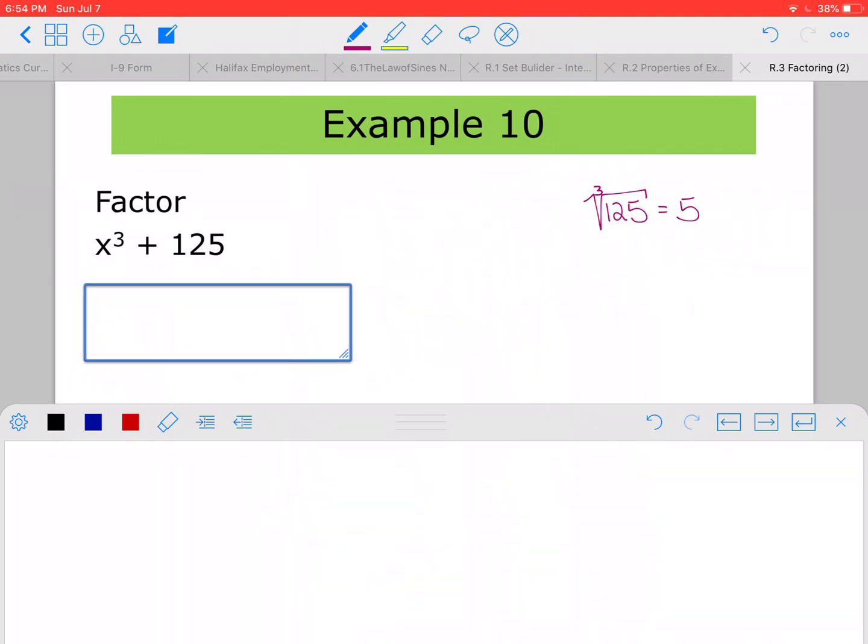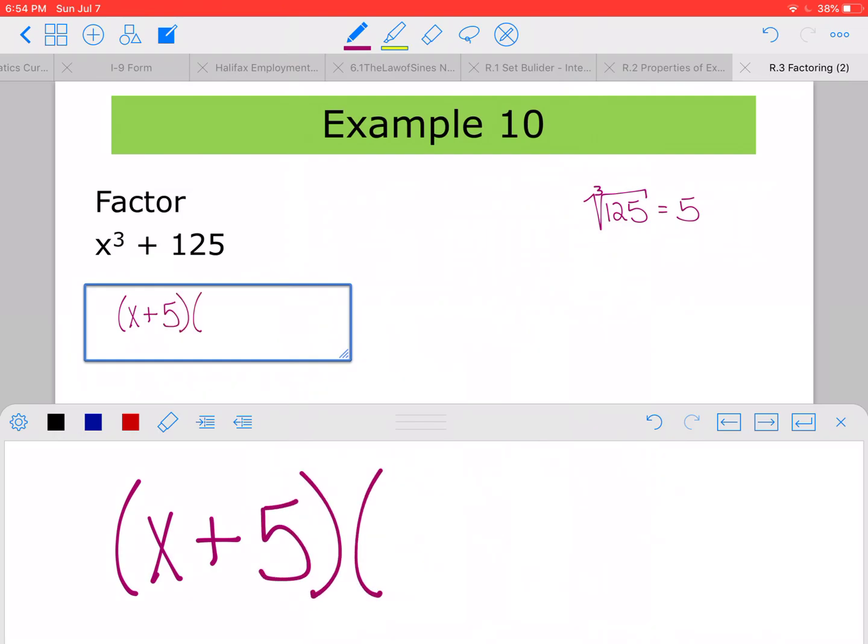So we have the cubed root of x cubed, that's x, plus the cubed root of 125, that's 5, times, let's look back just to make sure I get this right.